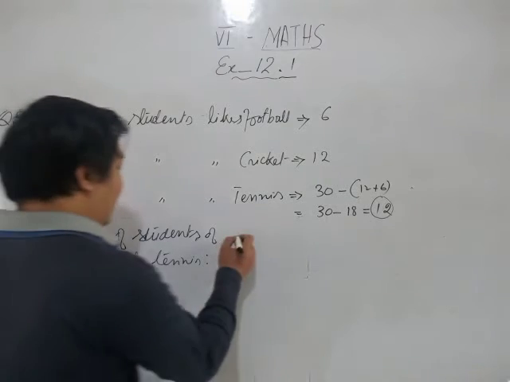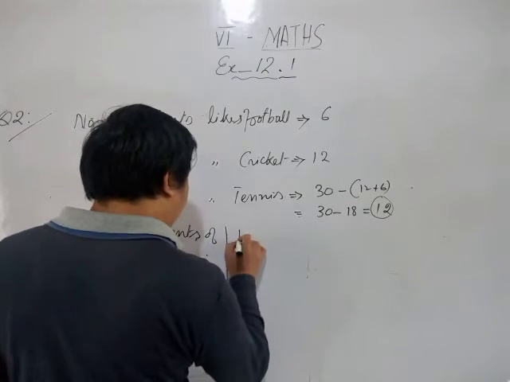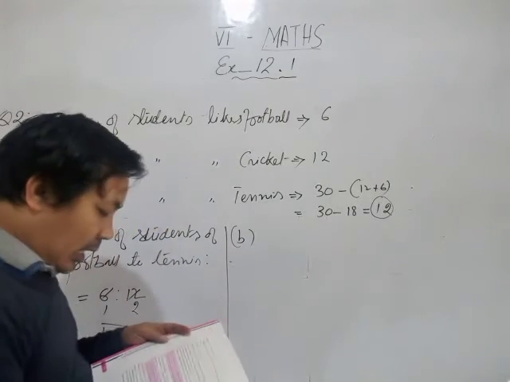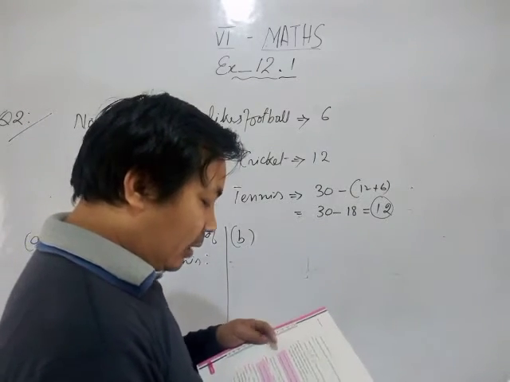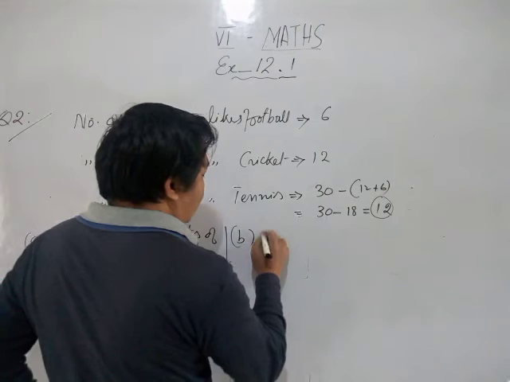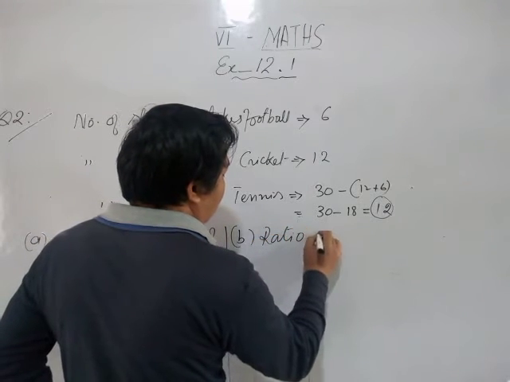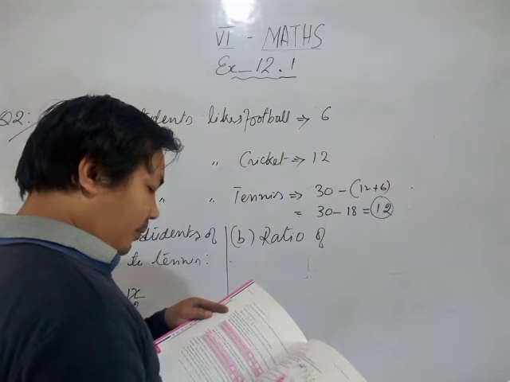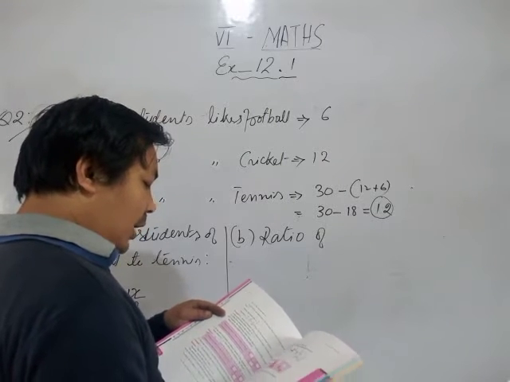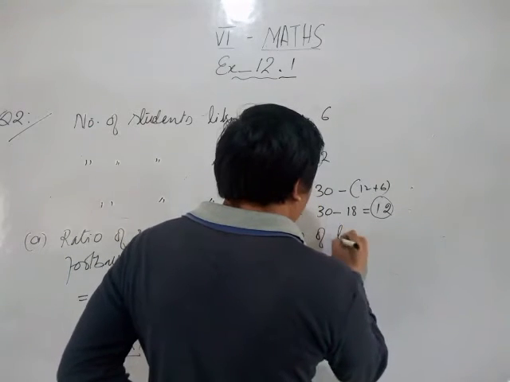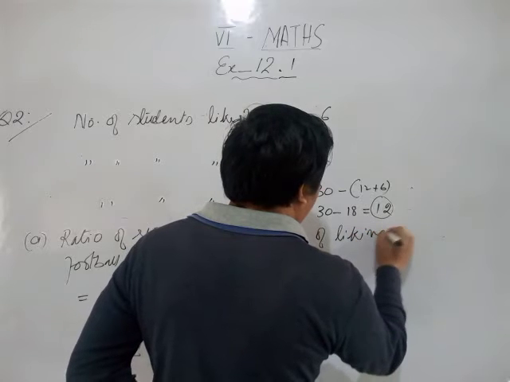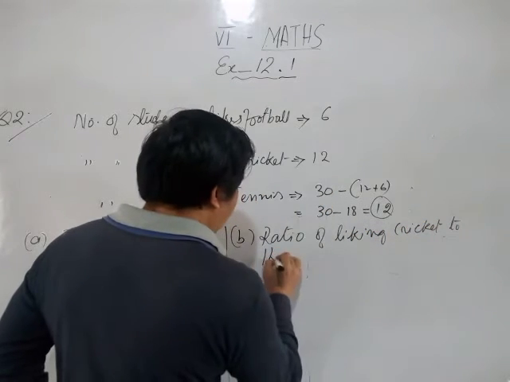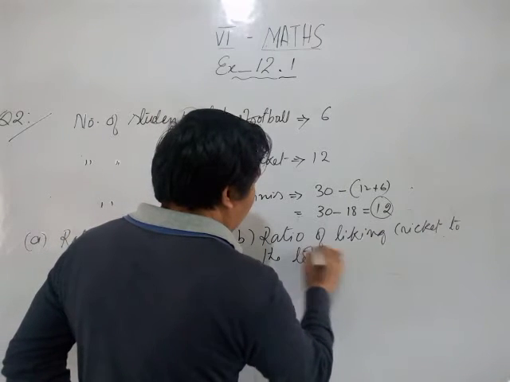And then part B. B is saying to find the ratio of the number of students who like cricket to the total number of students.